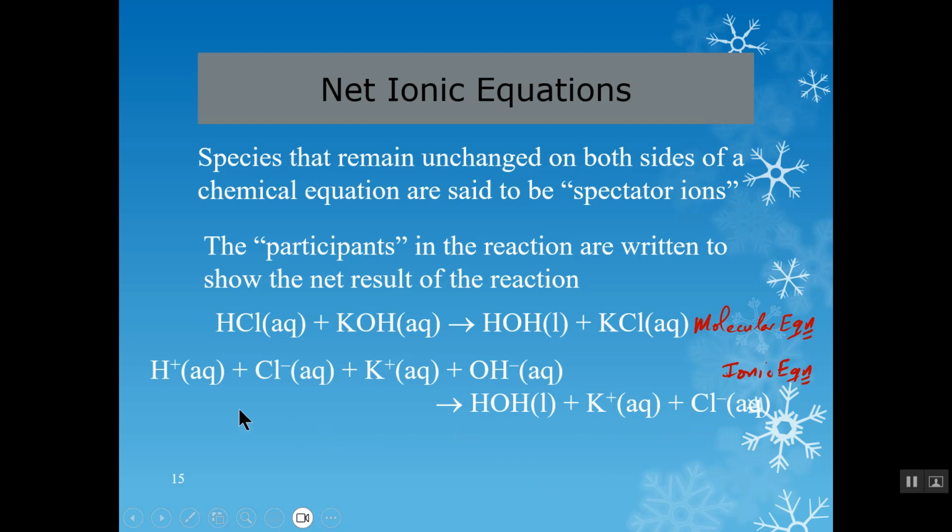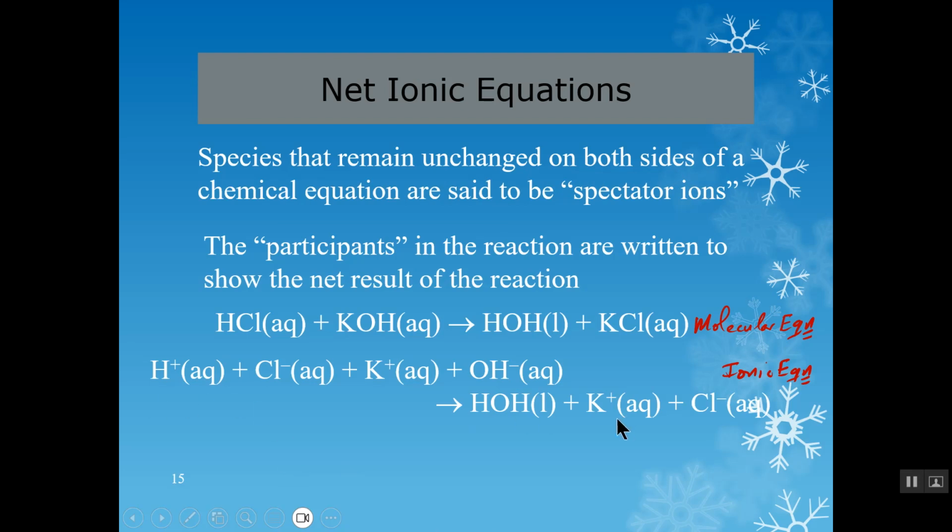Okay, so now that we have determined the ionic equation, remember the aim is to get the net ionic equation. So to determine the net ionic equation, what we do is identify the spectator ions. And as we said before, the spectator ions are the species that remain unchanged on both sides of the equation.